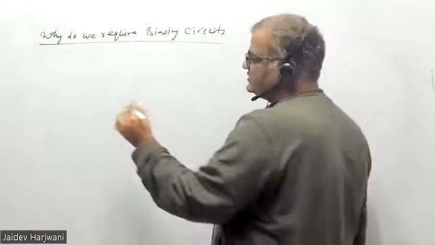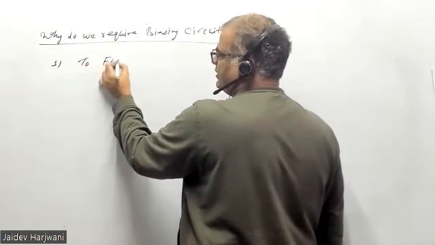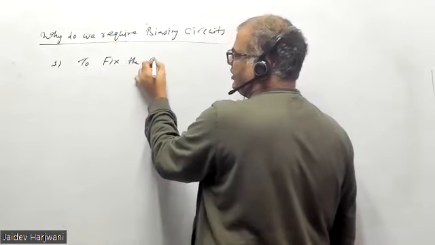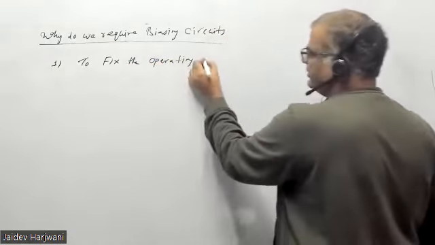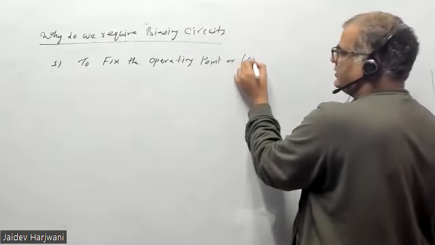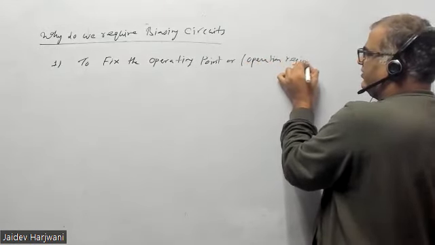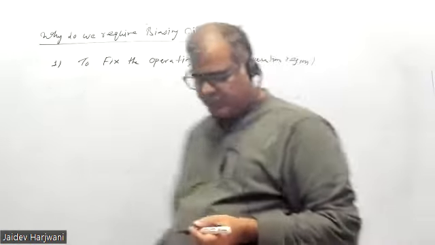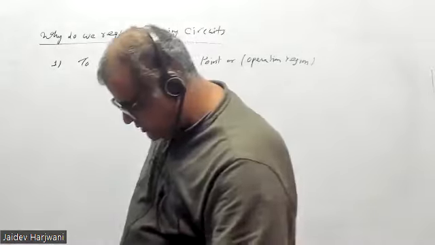So biasing is required, number one, to fix the operating point or operation region. Because if you want to amplify, you need to put the point in the active region, and without applying biasing, you cannot do this.